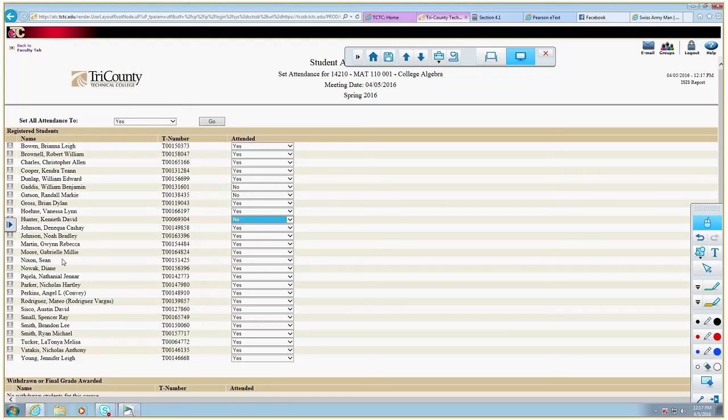Martin was here. Moore. Nixon was here. Novak is here. Ayala is not here. Parker. Perkins. Rodriguez is here. Cisco is here. Small. Smith and Smith. Tucker. Patakis. Young is here.